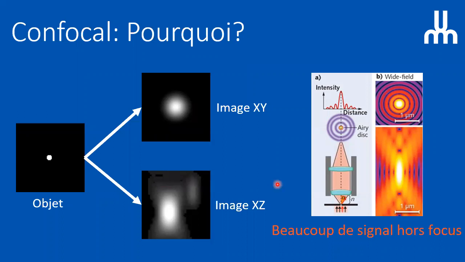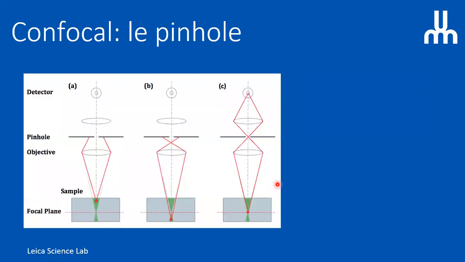So is there a way to bypass that? Yes, there is, and it's a very simple way. If you have a point and you put a pinhole between the two lenses, you can block the light that is out of focus, if you put the pinhole at the right point and the right size. In this case, you see that you have your focal plane. The light from this focal plane goes to the objective, but the light outside the focal plane is blocked by this pinhole.